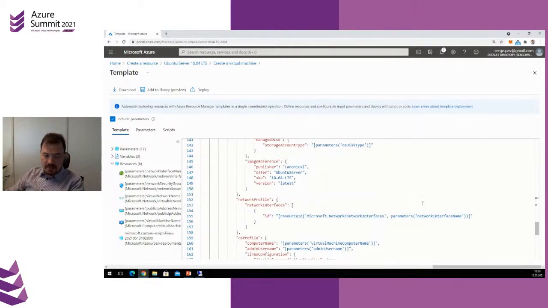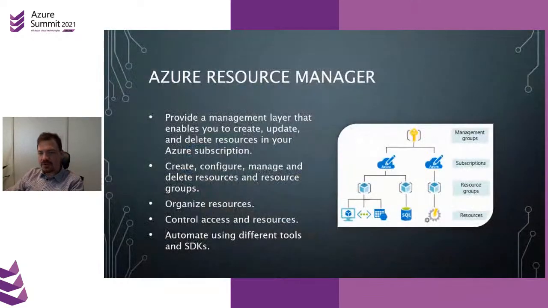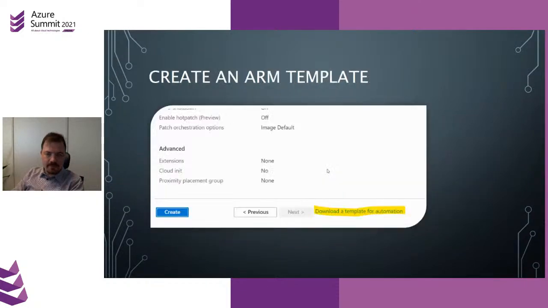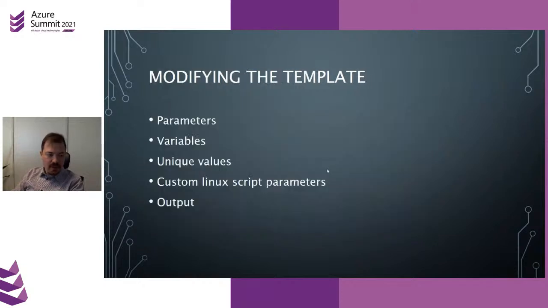So this is the baseline, the basic stuff for our solution, and I will show you how I modified it to make it work. So this is how to create a template.